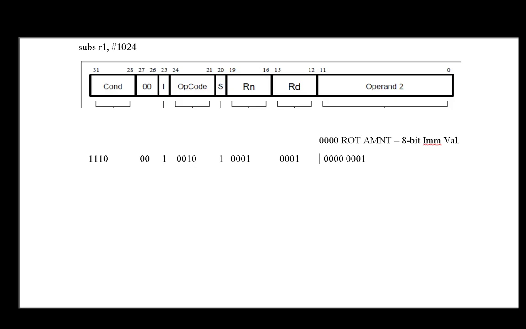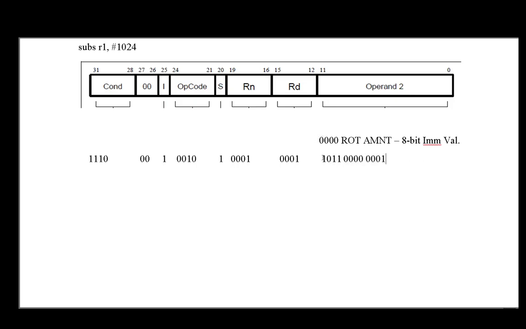Since I'm rotating 22 times, and this number is half of that, half of 22 is B, and B in binary is 1011. So my 12 bits here will be 1011, 0000, 0001.